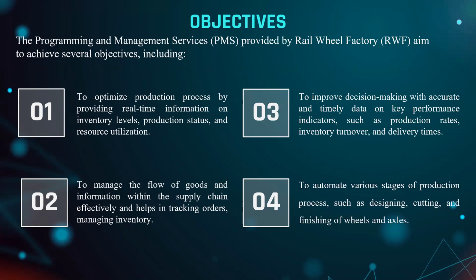Third, to improve decision making with accurate and timely data on key performance indicators such as production rates, inventory turnover, and delivery times. Last, to automate various stages of production process such as designing, cutting, and finishing of wheels and axles.